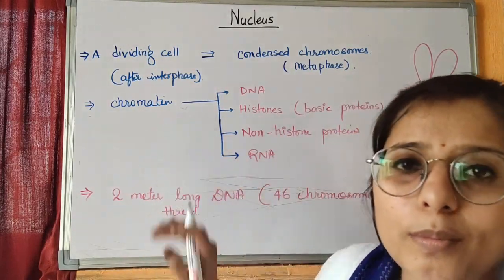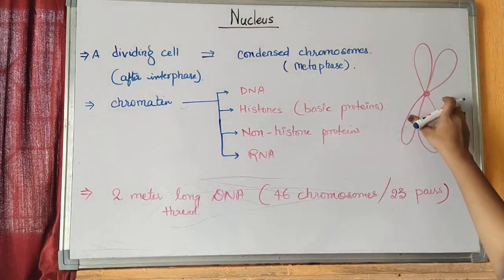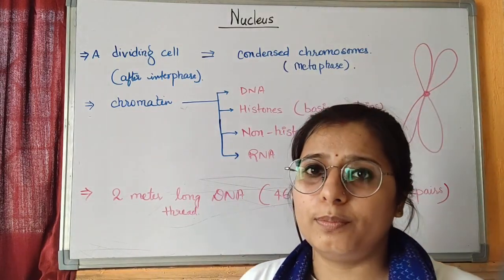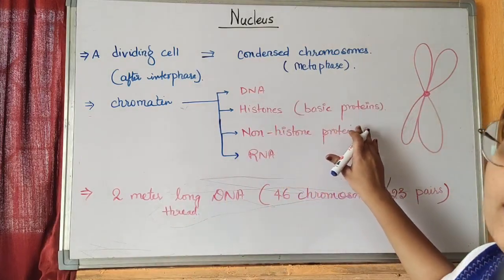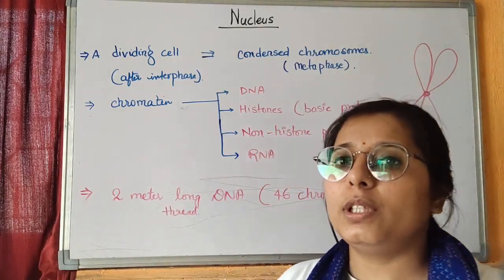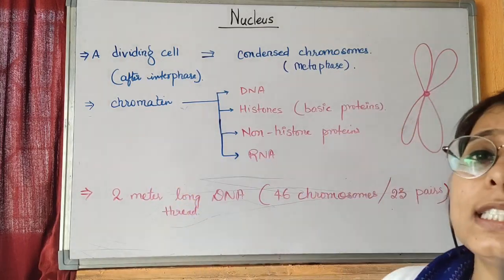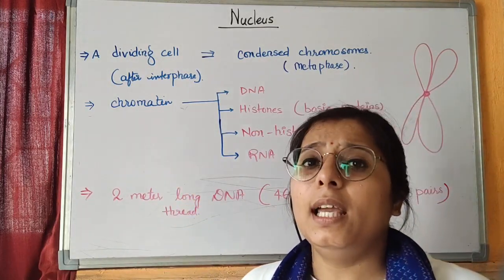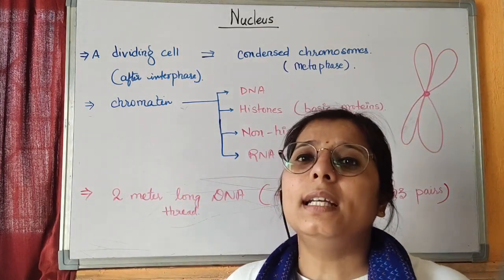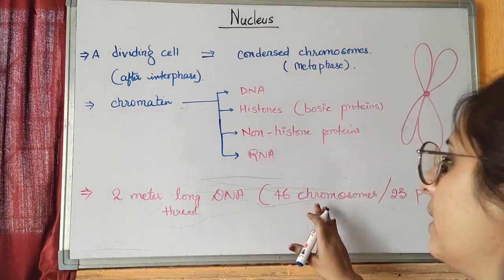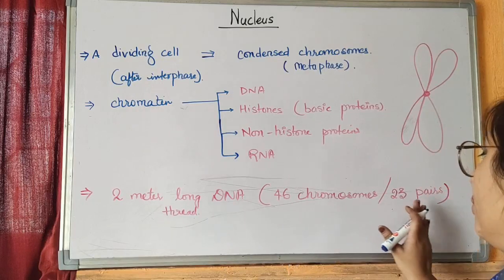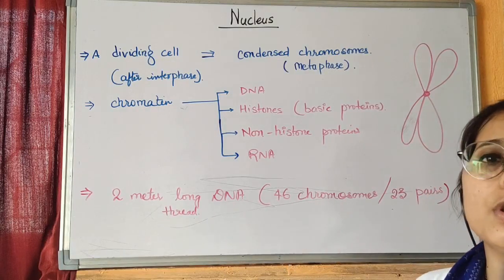This condensed chromatin is called the chromosome and it has 4 parts: DNA, histone protein, that is a basic protein, non-histone proteins, and RNA. If we stretch this chromatin fiber, it makes a 2-meter long DNA fiber, and this includes the whole chromosome set, or 46 chromosomes, or 23 pairs of chromosomes of a cell.